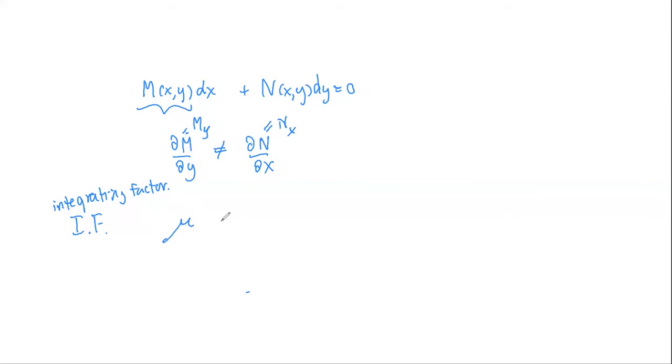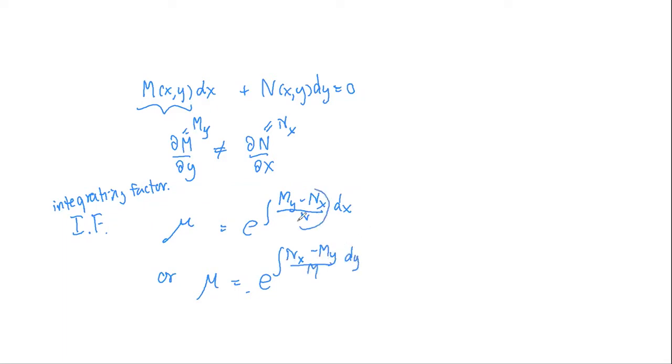So mu could be in the form e to the integral of (M_y minus N_x) divided by N with respect to x, or mu in the form of e to the integral of, let me write this formula down, (N_x minus M_y) all divided by M, dy.